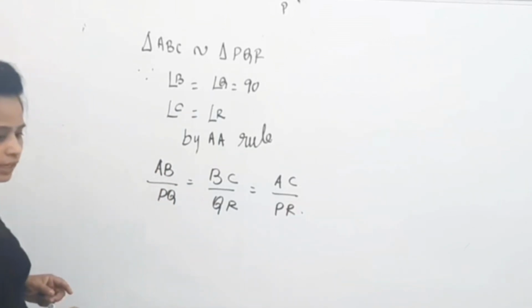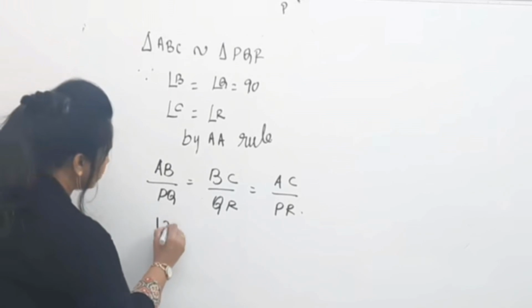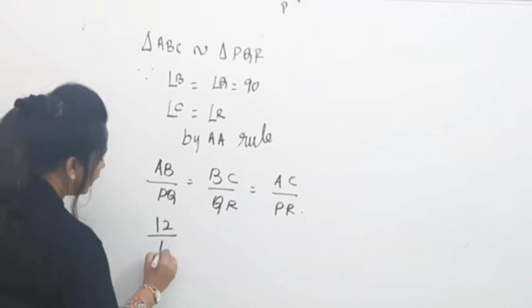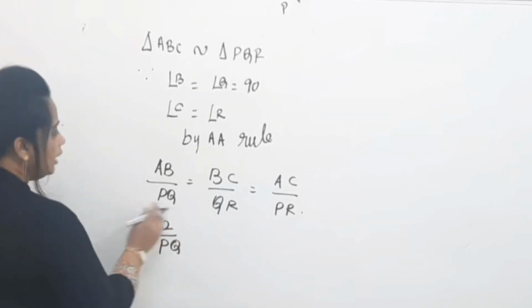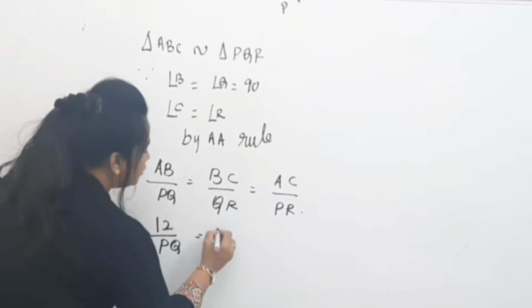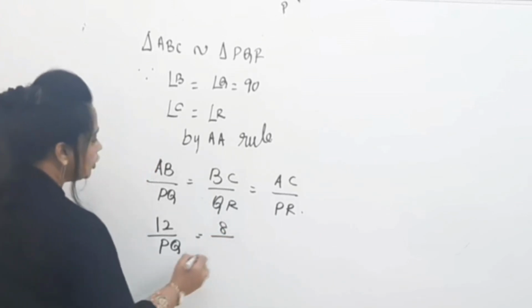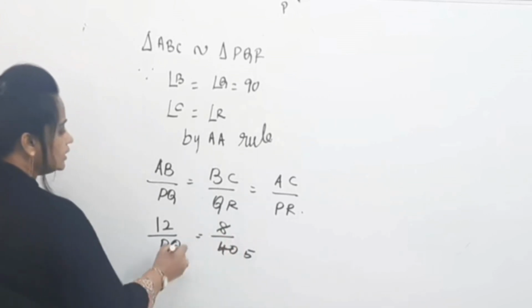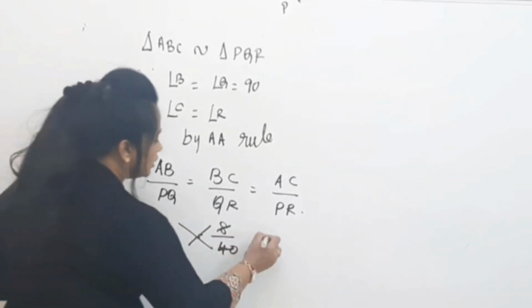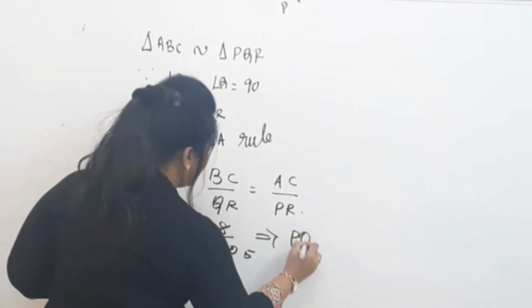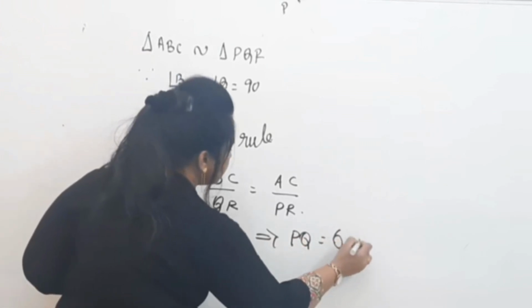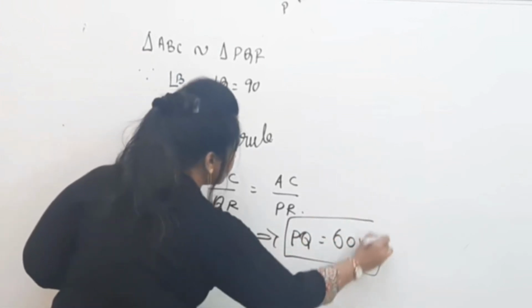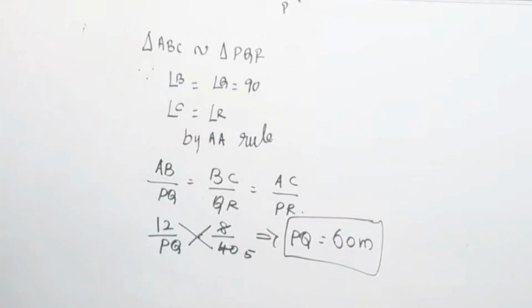My height of the stick is 12, and PQ I do not know, but I know BC is given, which is equal to 8, and QR is 40. So I get it, this 5 gets cancelled, cross multiplication, that implies PQ is equal to 60 meter. So the height of the tower is 60 meter.